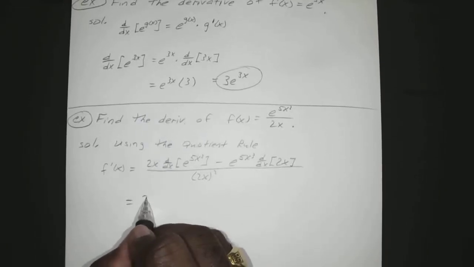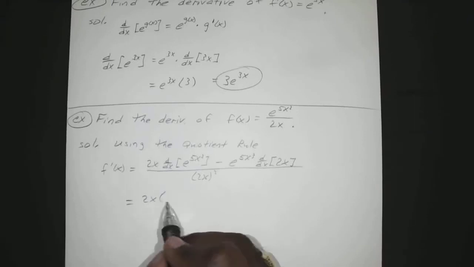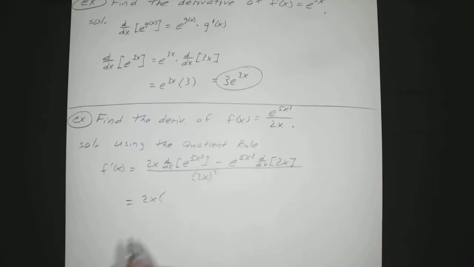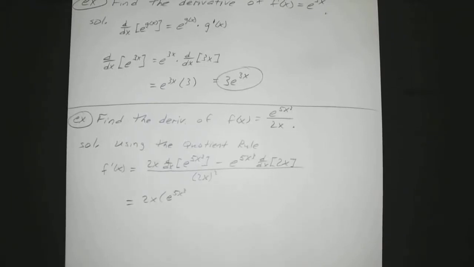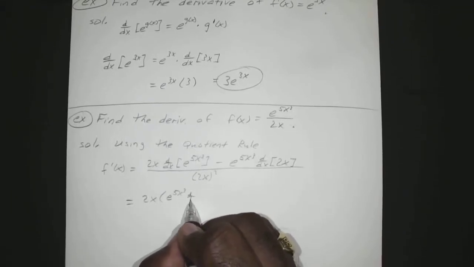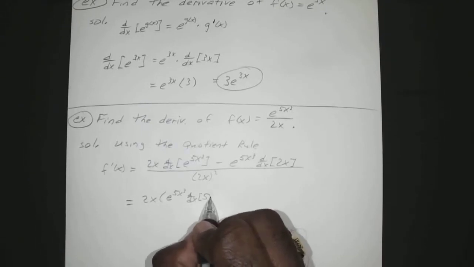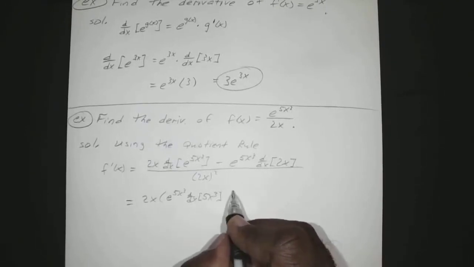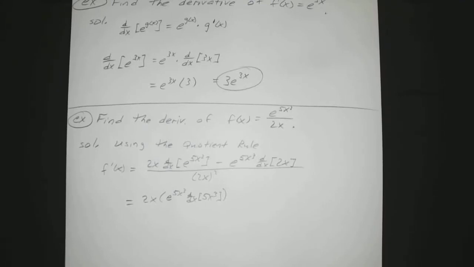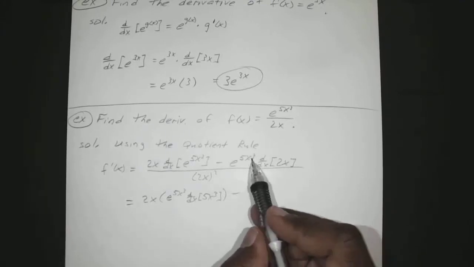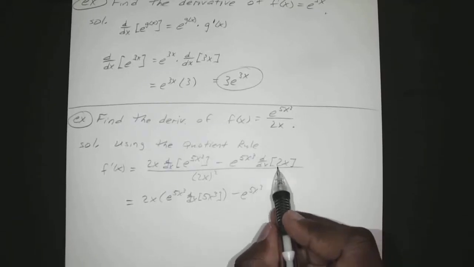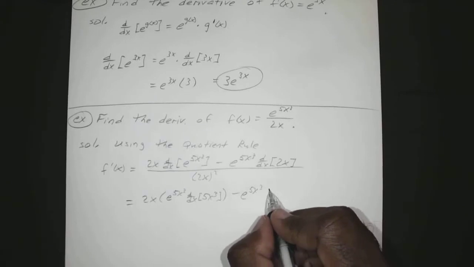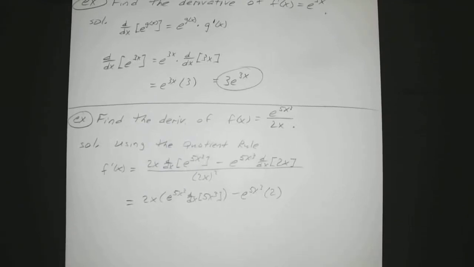Okay, so that's going to equal 2x times the derivative of e to the 5x cubed, which is e to the 5x cubed times the derivative of 5x cubed. Minus e to the 5x to the third times the derivative of 2x, which is just 2, all over 4x squared.